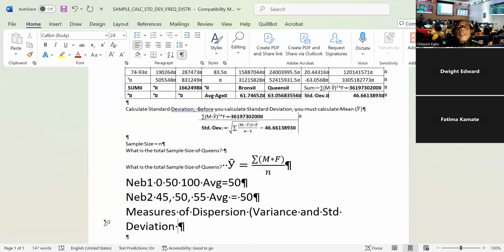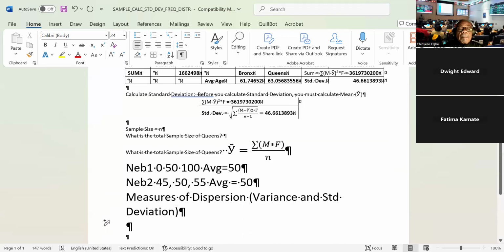The two measures that we'll emphasize here are variance and standard deviation. We'll also calculate the coefficient of variation, okay?